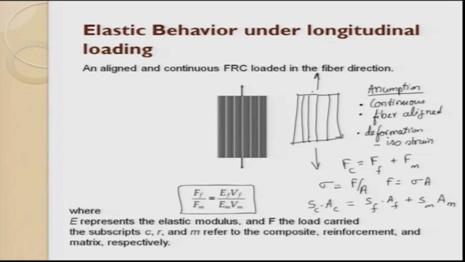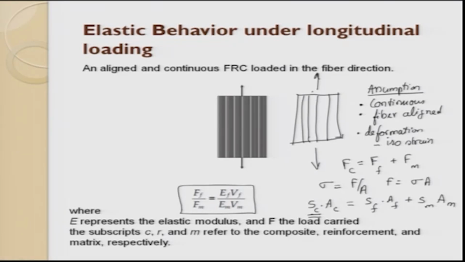What is this S? S is nothing but the failure strength. The failure strength is SC here. So SC is multiplied with AC, SF with AF and SM with AM.